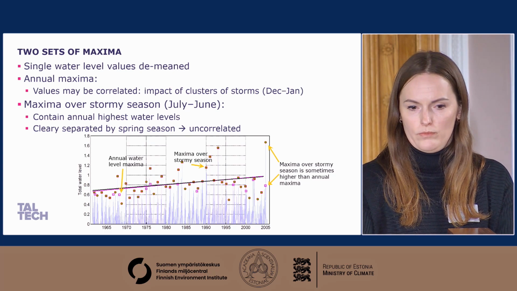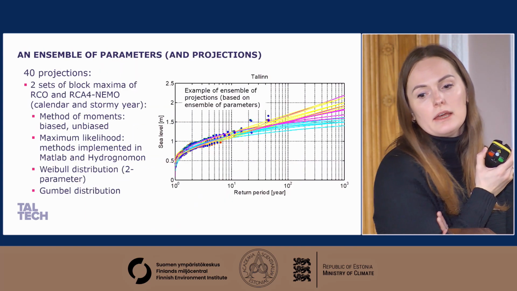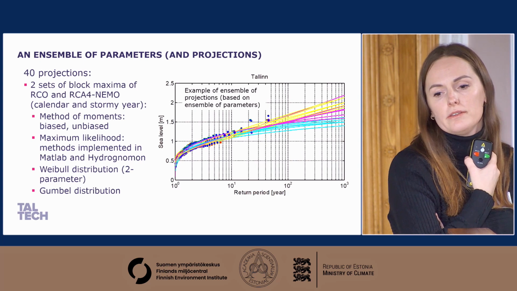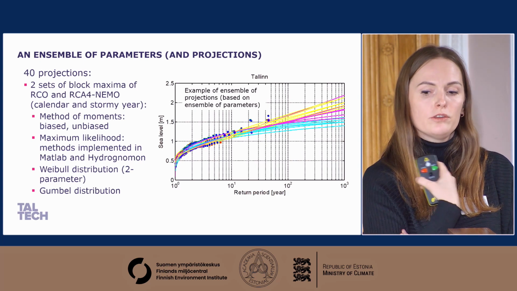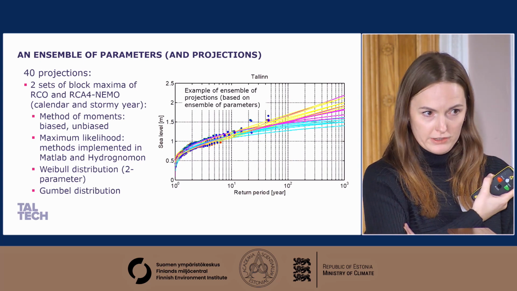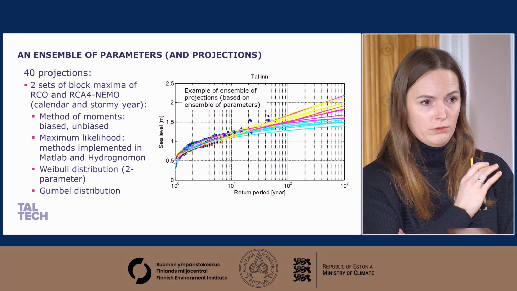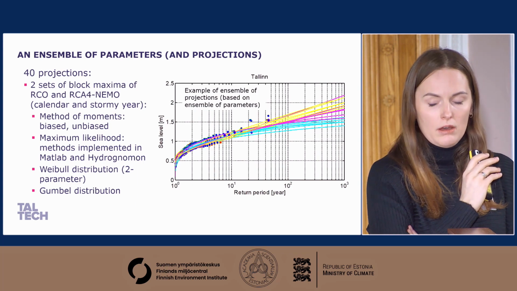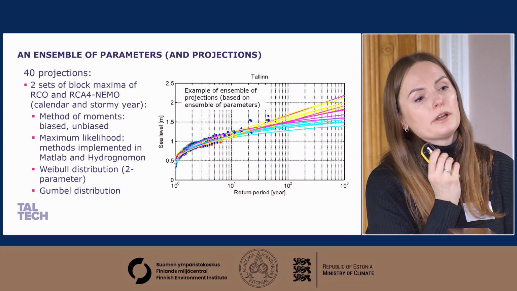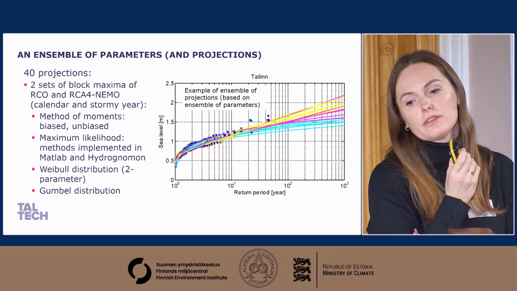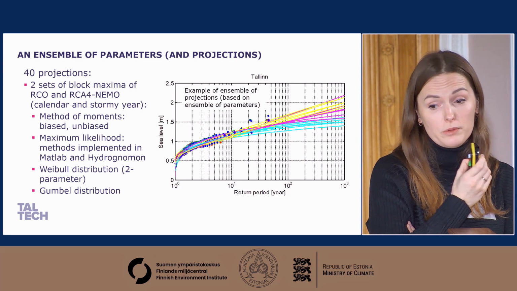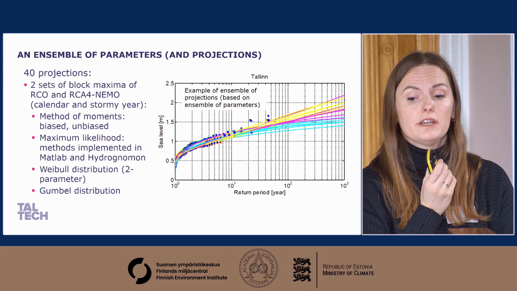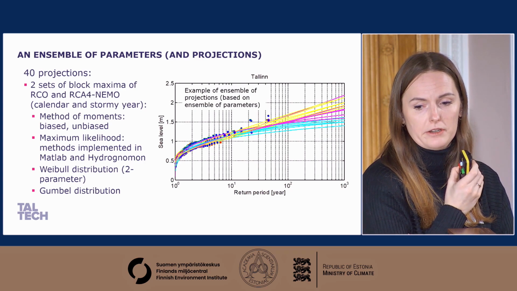And from this, we construct the ensemble of projections, and these projections we use to construct the ensemble of parameters, and the parameters we apply to construct the ensemble of 40 different projections of extreme water levels and their return periods.